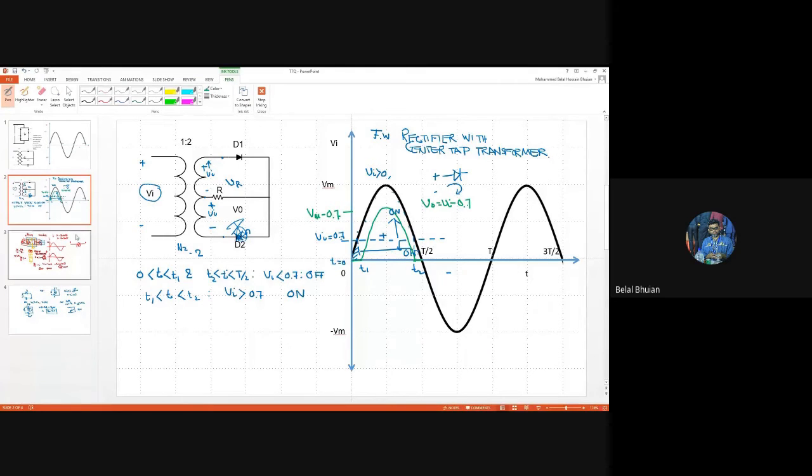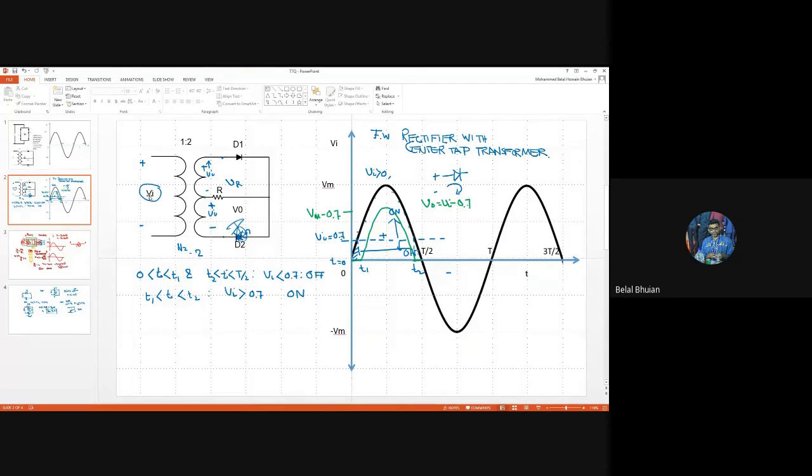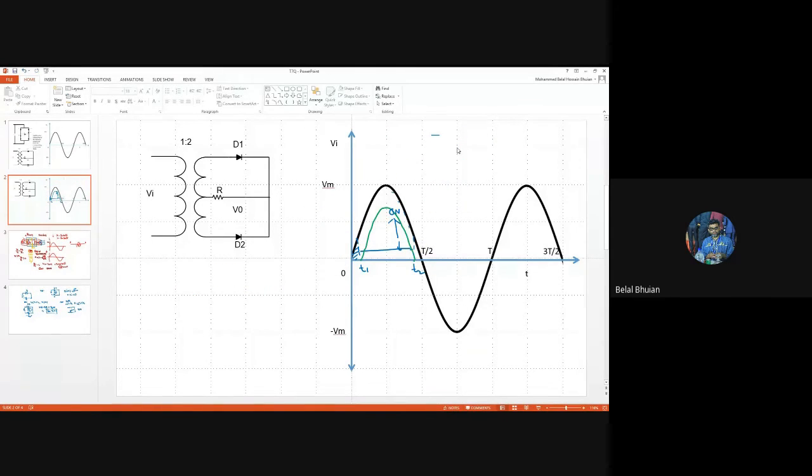Now, once the positive half cycle is over, then comes the negative half cycle. So let's see what happens during the negative half cycle.